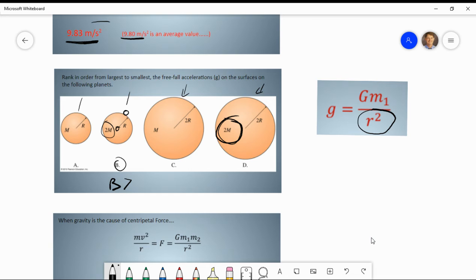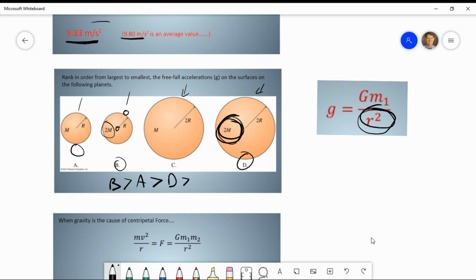And then this, what's more important? This mass or the fact the radius is smaller? Guess what? The radius is squared, so the radius being smaller is more important. And then our 2 mass one is the next largest acceleration due to gravity. And then the one that is really big but really light is the smallest acceleration due to gravity.